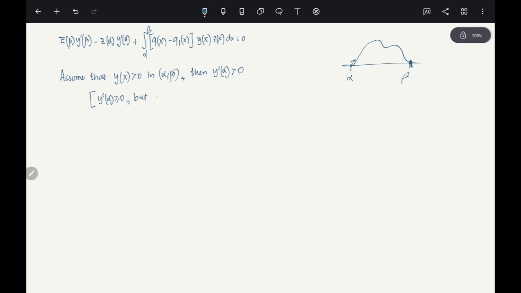Why? Because if y prime at alpha is 0, and it is also given that y at alpha is 0, that is our assumption, that will imply y of x is identically equal to 0. This is Picard's existence uniqueness, right?